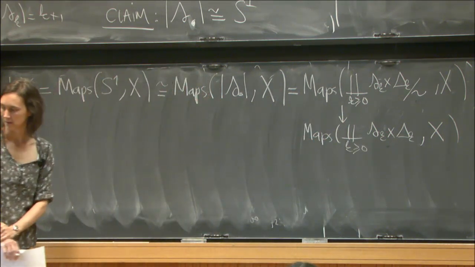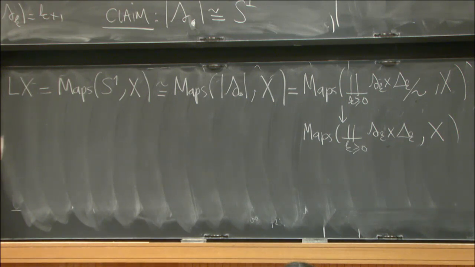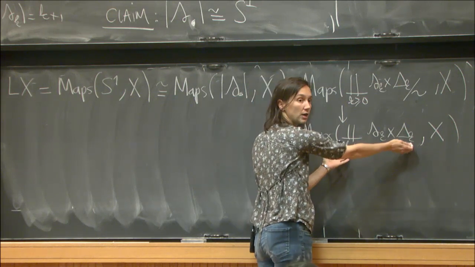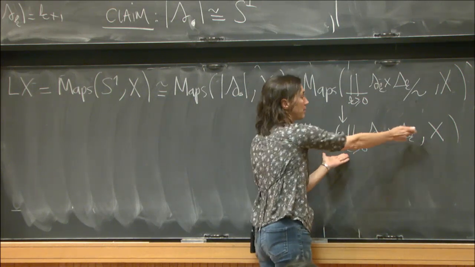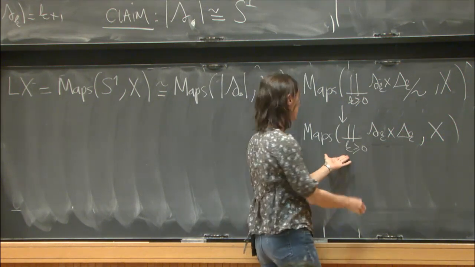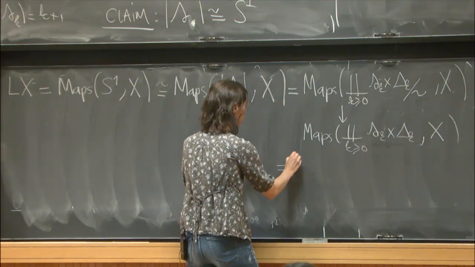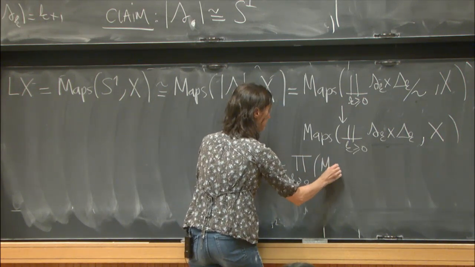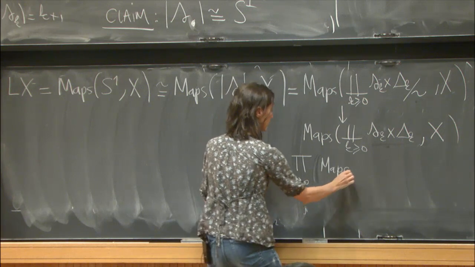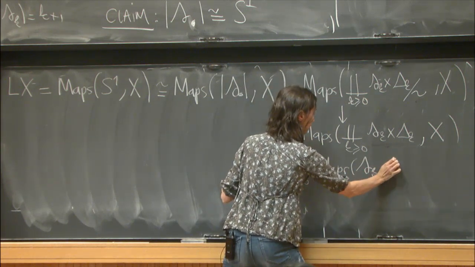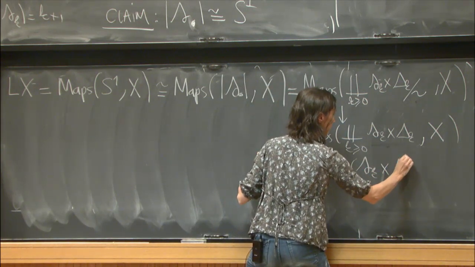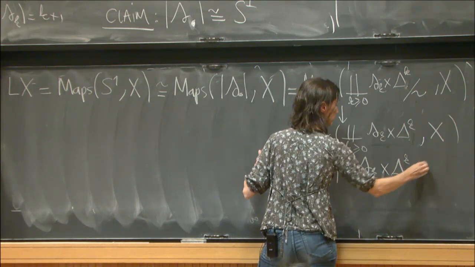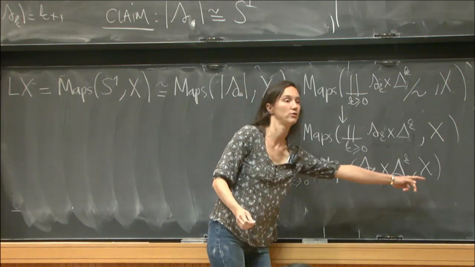We just say, I can look at what this is to start with. Okay. So what is that? I have a disjoint union for every k. So for every k, I have to give you a map to X from this thing. Okay, so another way to write this is to say this is equal to the product over k greater or equal to 0 of maps from sk cross delta k into X. So for every k, I have to give you a map.